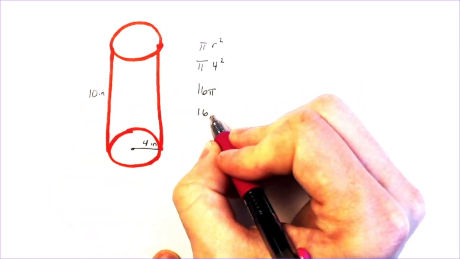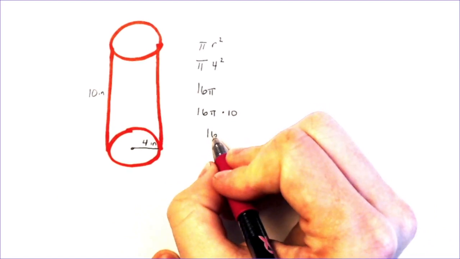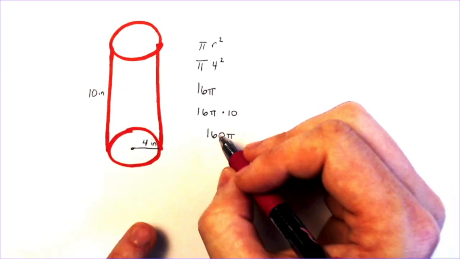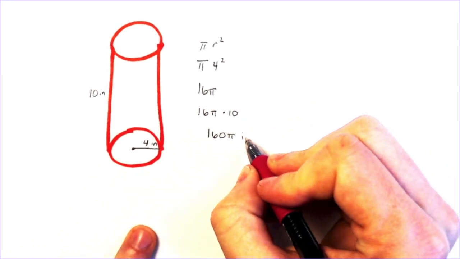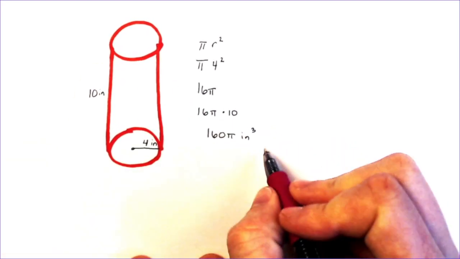So that would be 16 pi times 10, which is equal to 160 pi. If it's volume, it's going to end up being inches cubed, which is how many literal cubes we would end up with in this cylinder. So that's one way of formatting the answer.